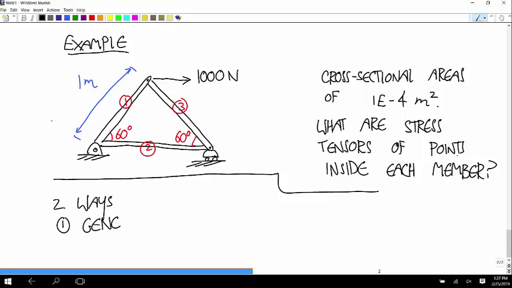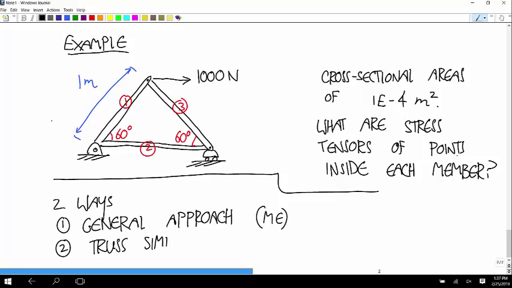Sort of a general approach, that's the way that we always did problems like this in my statics class, and it works for any kind of problem. And then the truss simplification that saves you some equations, saves you some time, but it only applies to trusses.